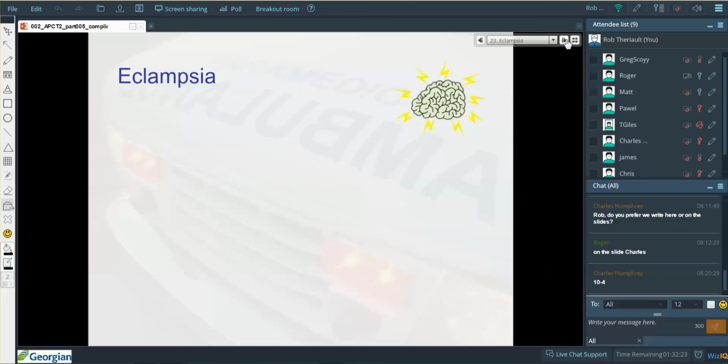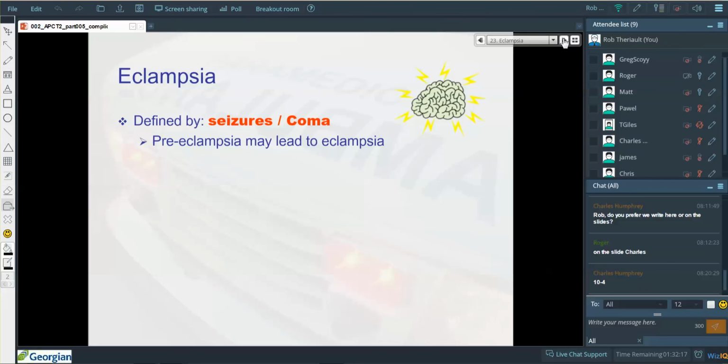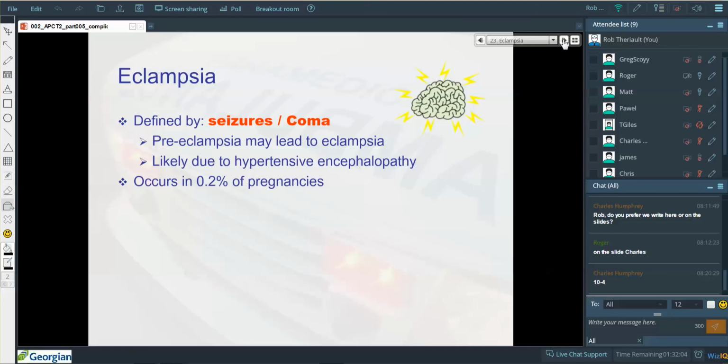So eclampsia is defined as a seizure or coma during pregnancy, and preeclampsia can lead to eclampsia, likely due to encephalopathy from the high blood pressure and an increase in intracranial pressure. It only occurs in about 0.2% of pregnancies.